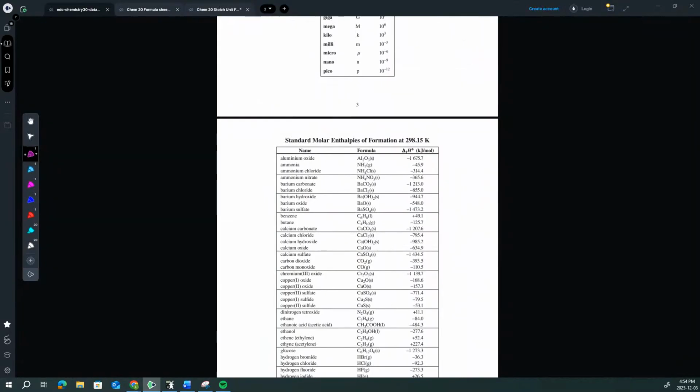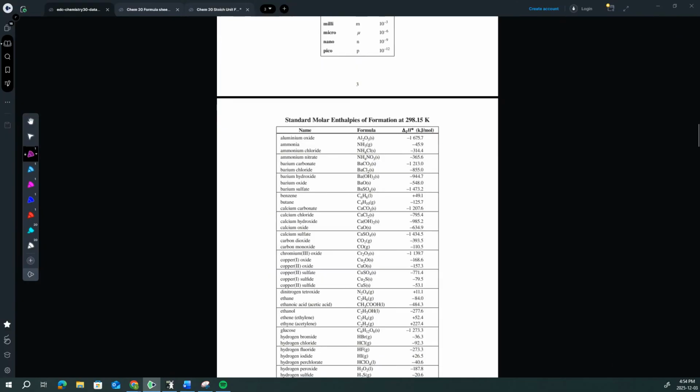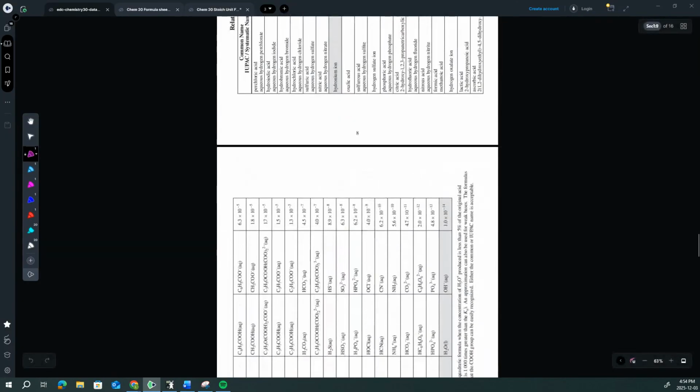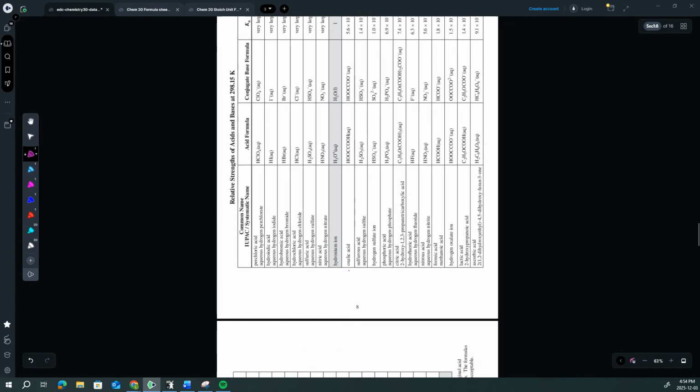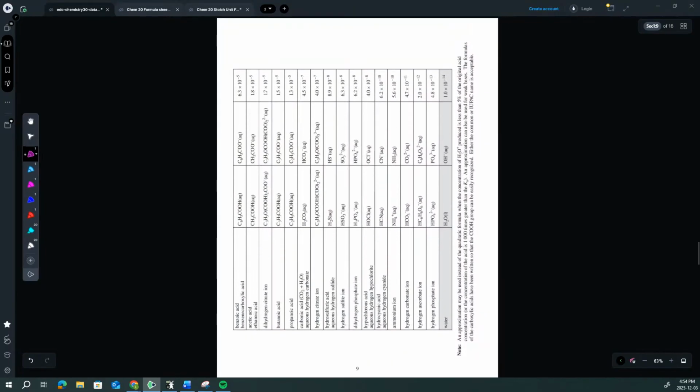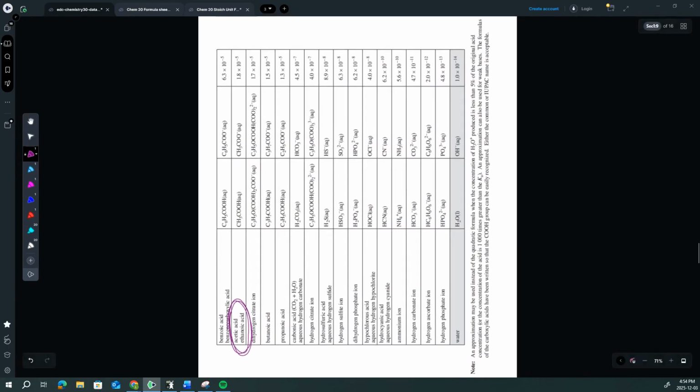And that is going to be on page 8 and 9. Page 8 and 9 is going to be telling you a bunch of acid names, so essentially we just need to scroll through and see where acetic acid is. Okay, I'm finding acetic acid right here.